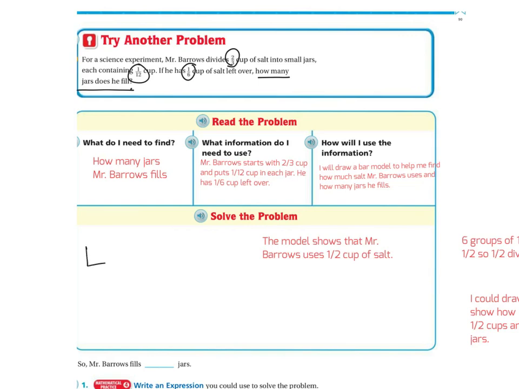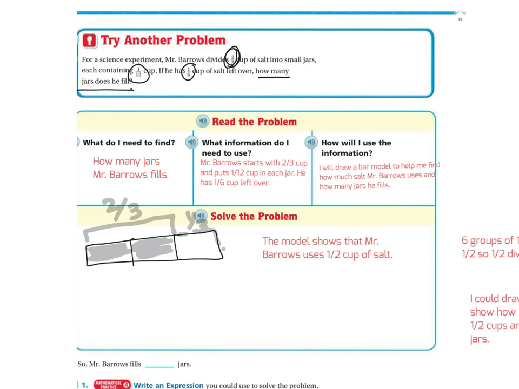We're going to have our whole. It's going to be broken into thirds, and he divides 2/3. So let me highlight: we have 1/3, 2/3. This right here is 2/3 cup, and this one right here is 1/3, the part I'm not using.